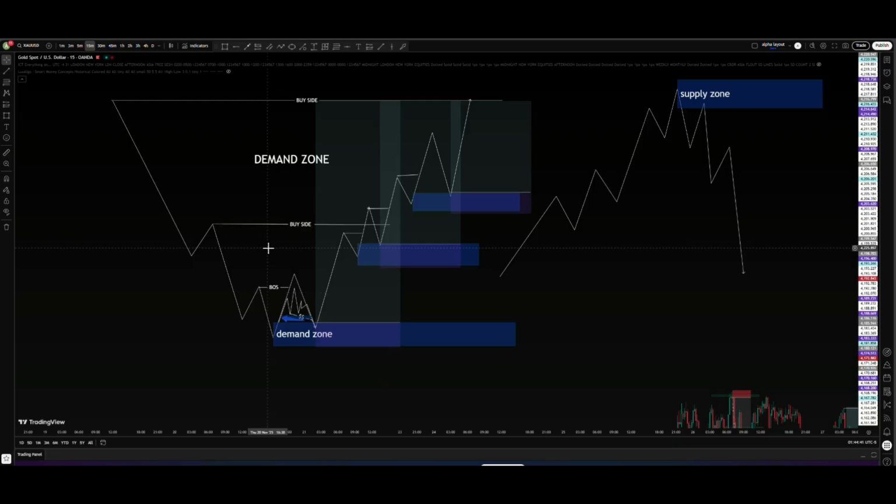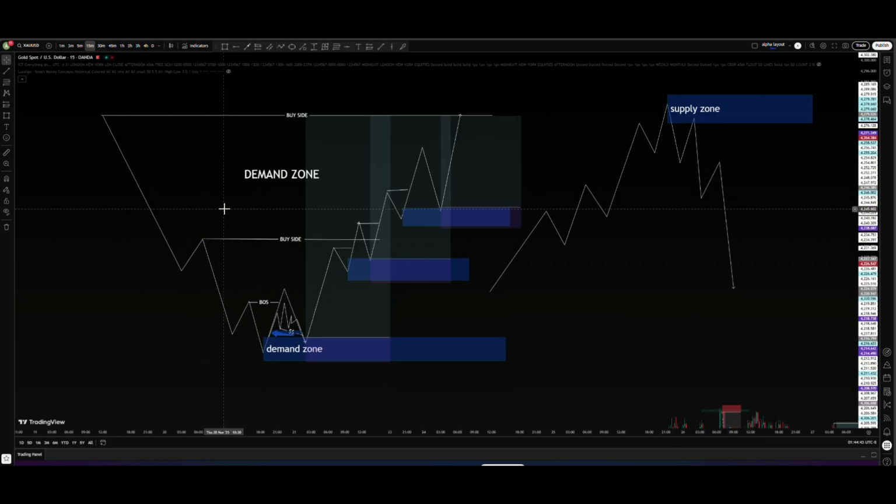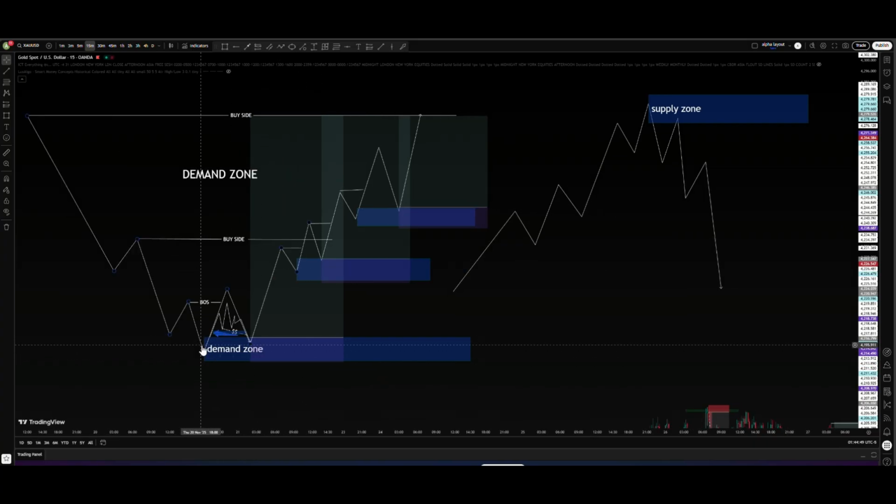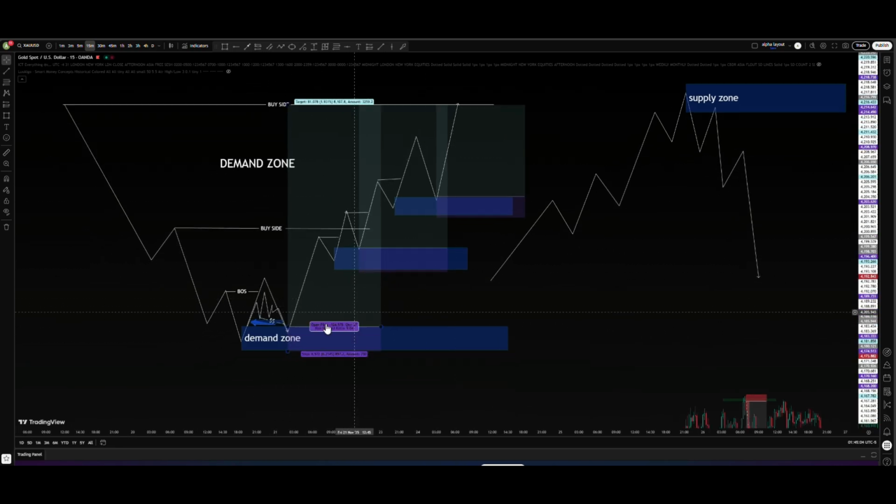Number three, it should have at least a liquidity being swept. As you can see here, this is the big move. Inside the big move in the lower time frame, we have pullbacks: higher high, higher low, higher high, higher low. This is the liquidity that is going to be swept before we enter the position.